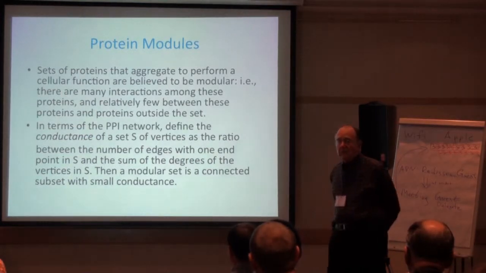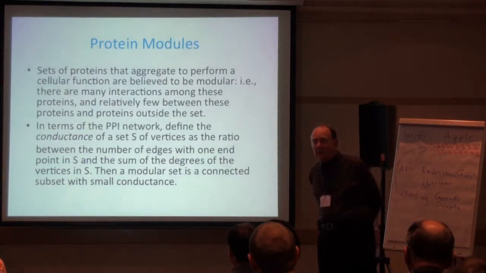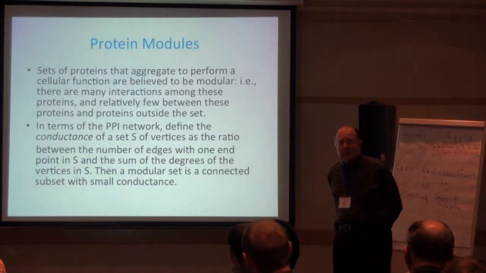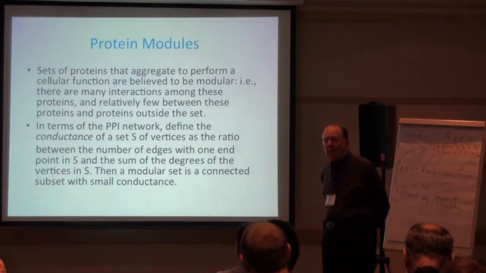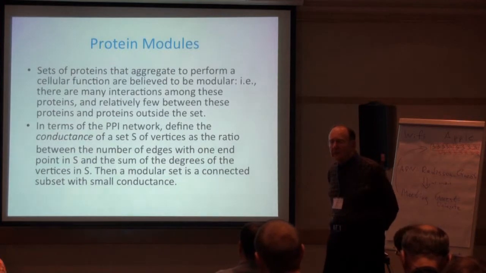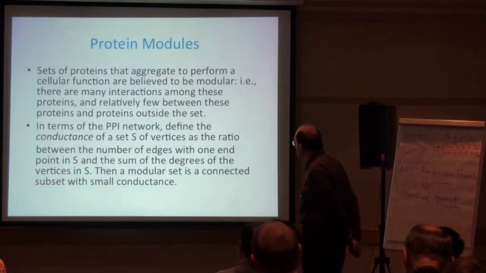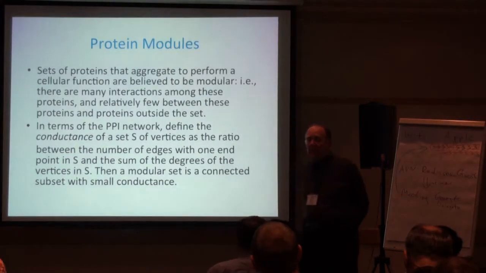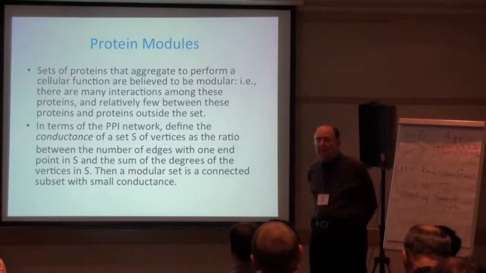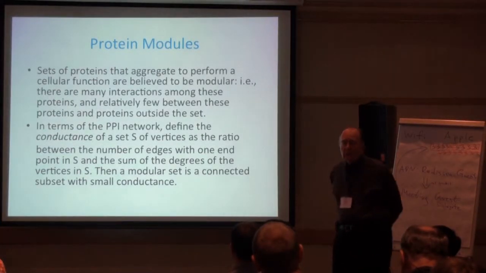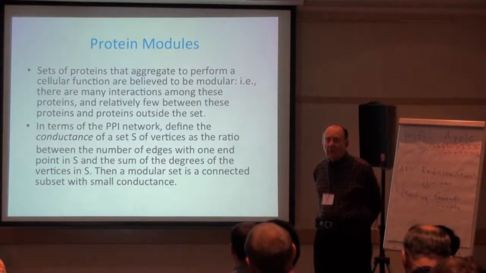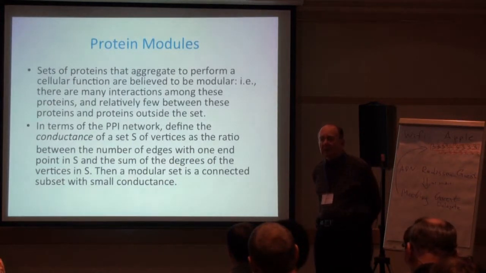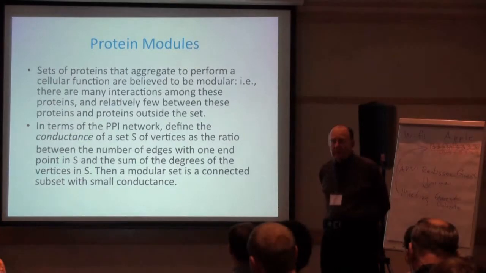That turns out to be cumbersome, because of the great variety of functional annotations, and so we look for other graph theoretic tools that might indicate protein modules, sets of mutually interacting proteins. And one idea is that if proteins are working together, then it's likely that they would have a high density of interactions among themselves, and that the set of proteins would be relatively isolated from other proteins in the cell, so that the number of interactions between the proteins in the set with the outside should be relatively small.